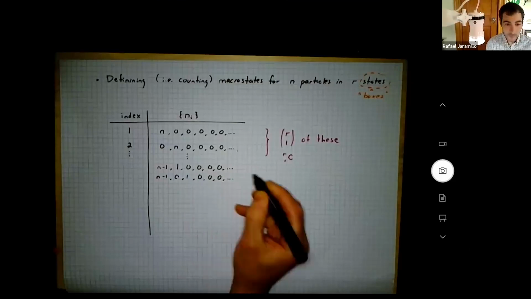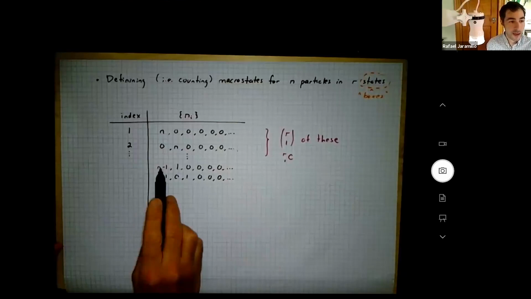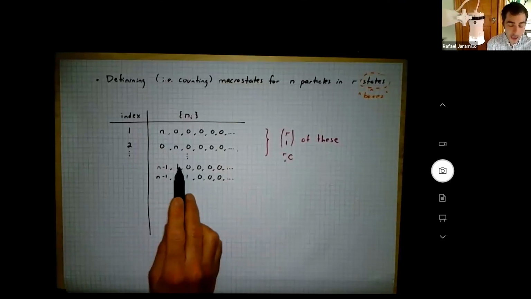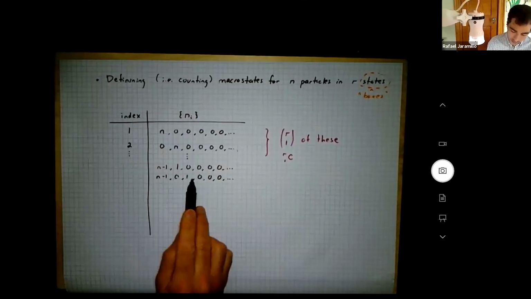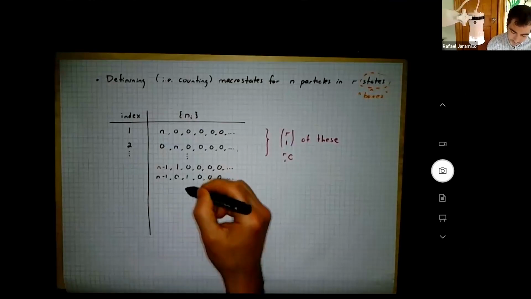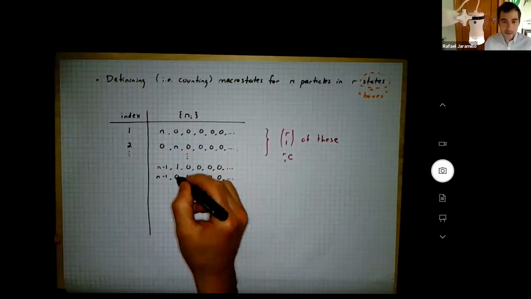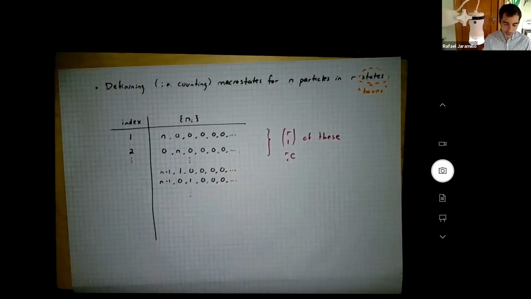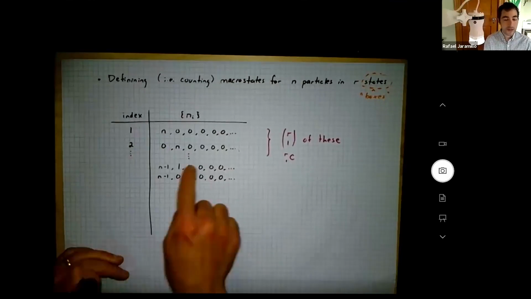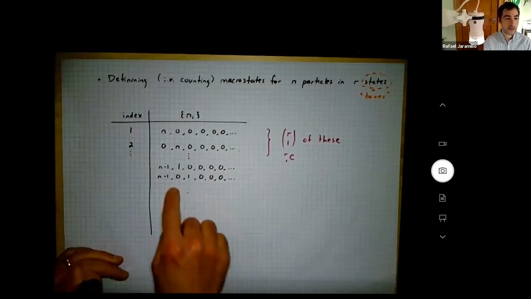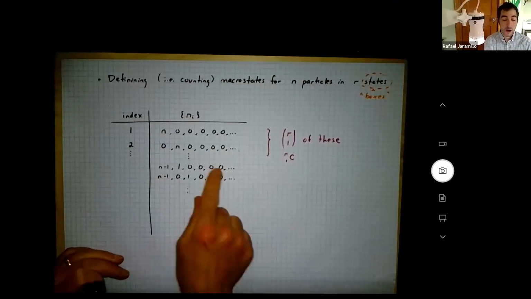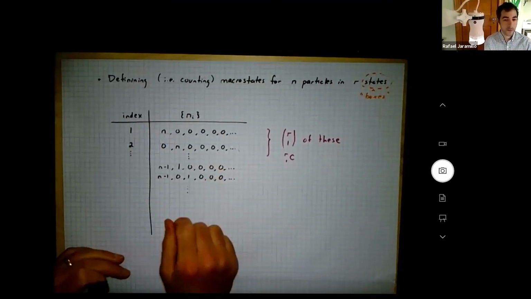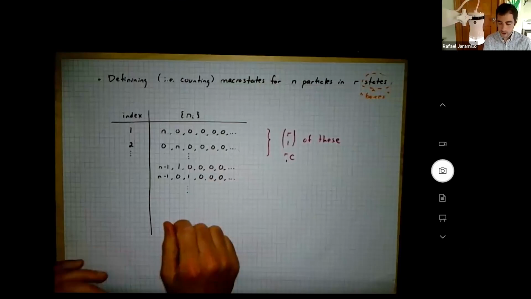Here I put n minus 1 particles in the first box and the remaining particle in the second box. Here I put n minus 1 particles in the first box and the remaining particle in the third box, and so forth. Okay, this is a challenge. Can somebody tell me, in a compact way, how to count how many total macrostates such as these there are? How do we think about it?